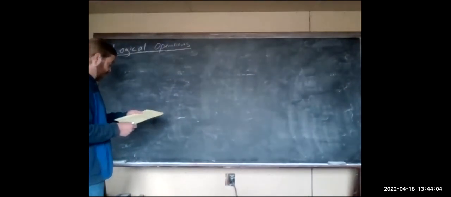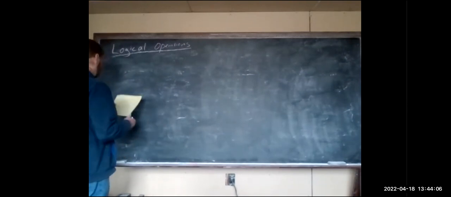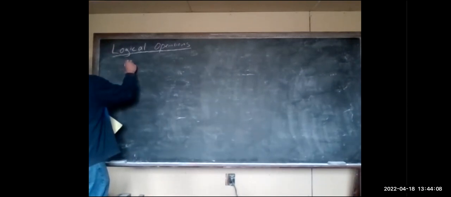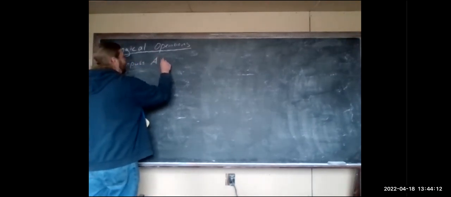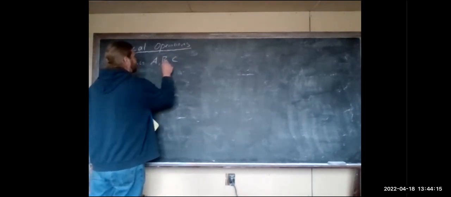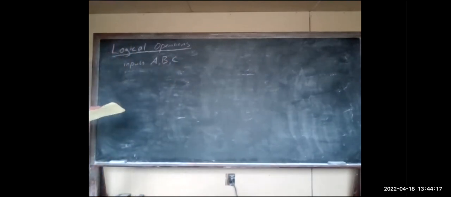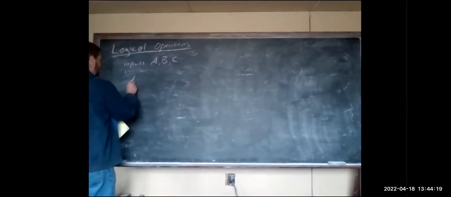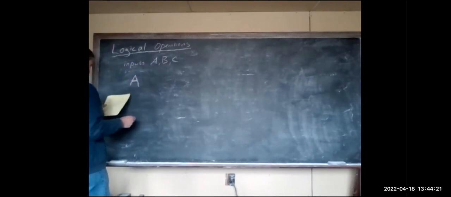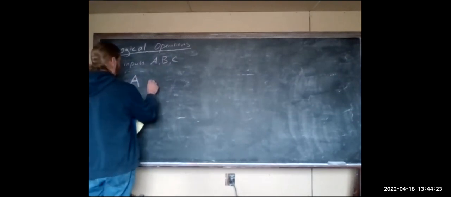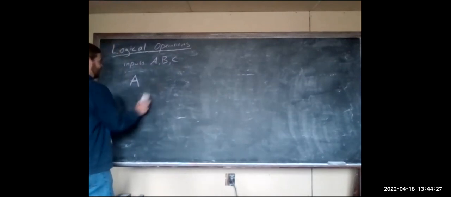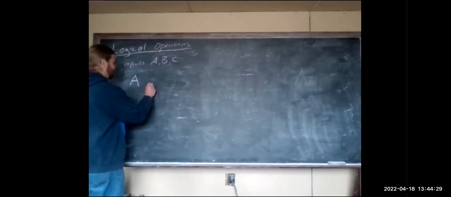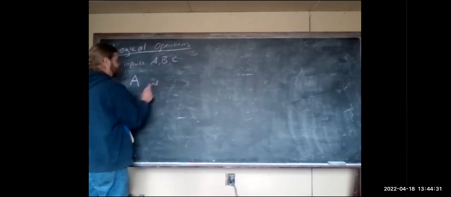So for a more complicated situation, let's do 3 inputs. We have inputs A, B, and C. Since I have an A here, I'm going to write and in lowercase letters.